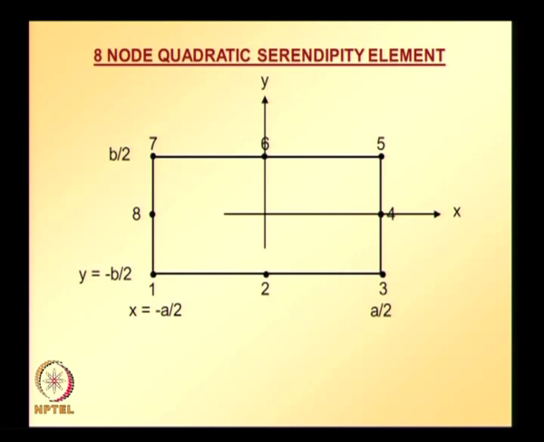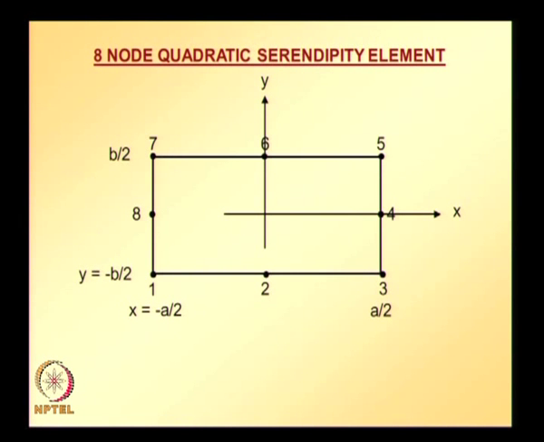If we include the equation of that line also into the shape function of node 1, then we get a shape function including the equations of sides 3 4 5 and 7 6 5 and also the equation of the line passing through node 2 and 8. If we include all this into the shape function expression for node 1 and normalize it, we finally get the explicit expression for this 8 node quadratic serendipity element for node 1.